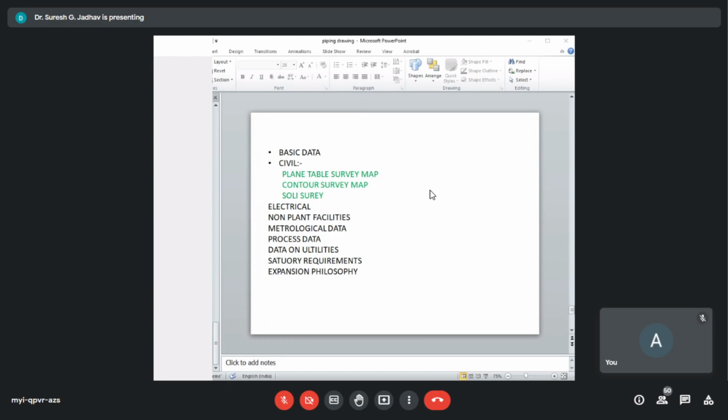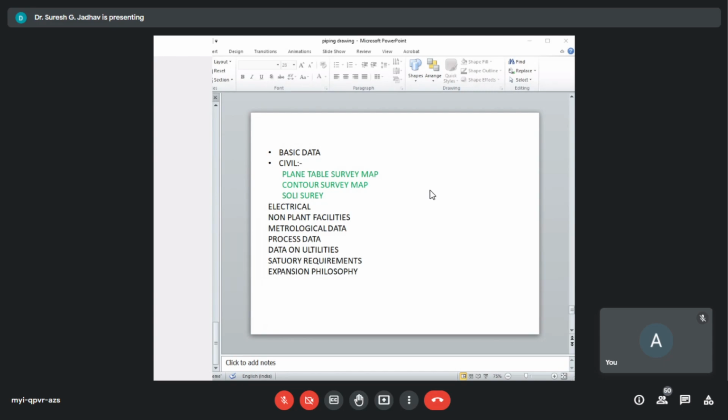Now, next is electrical. The data related to electrical will constitute the supply voltage levels, the voltage levels required within the plant, and fault levels to establish the power distribution system, the location of the supply point to decide the location of the receiving stations, and the requirements of the state electricity boards.